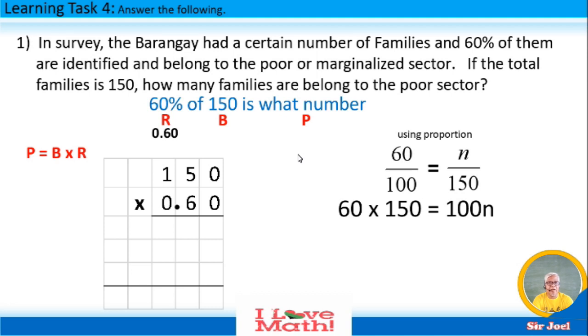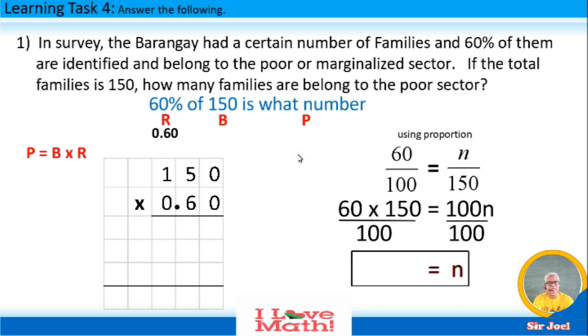At dahil ang numerical coefficient of n is 100, divide your equation by 100 para matira na lang yung n. So, multiply nyo muna yung 60 and 150. Tapos, yung sagot doon, i-divide nyo by 100 to get n. Okay? So, ganun kasimple kung using proportion ang inyong gagawin.